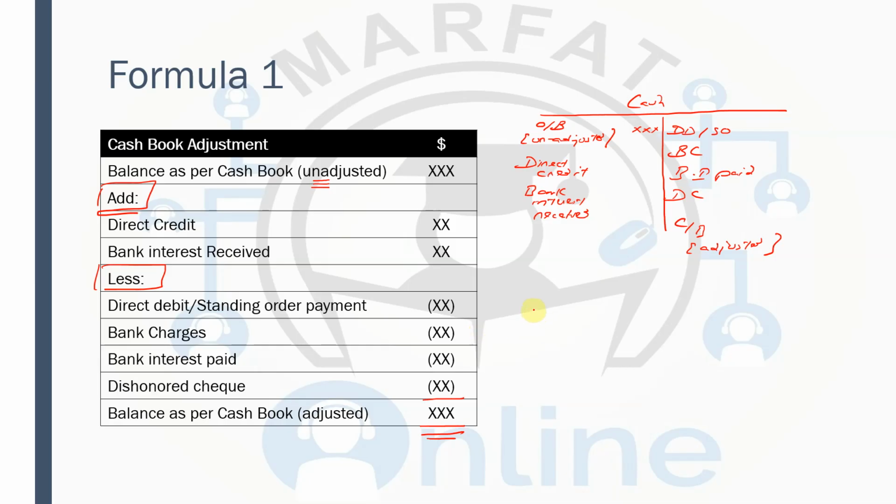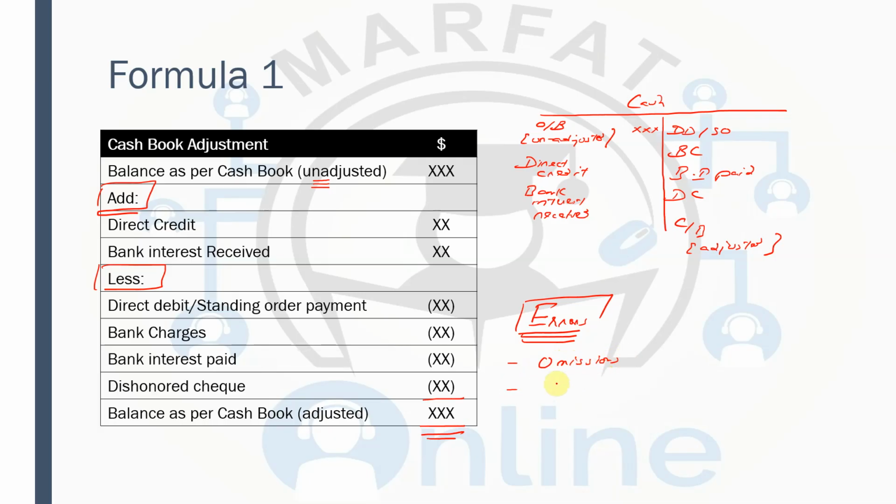But in the exam, there may be some errors relating to the cash book, and the examiner may ask you to rectify those errors. Errors may be omissions, like you forgot to record anything within the cash book.